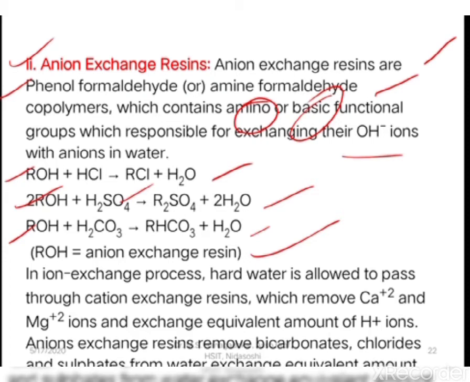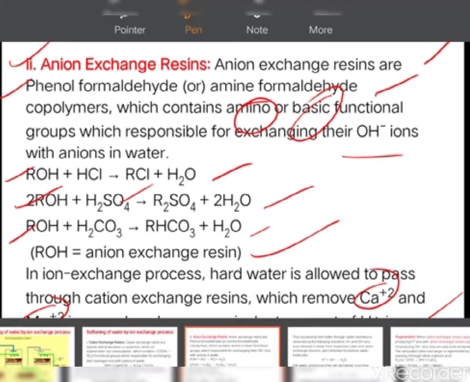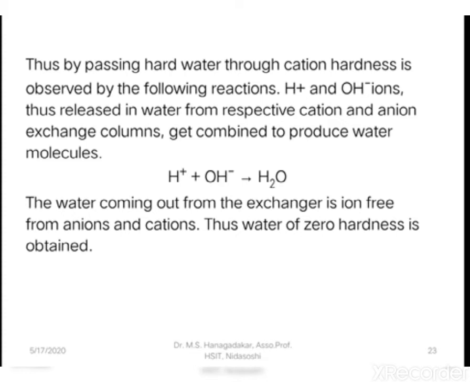So in the ionization process, what happens? Hard water is passed first through the cation exchange resin that removes calcium and magnesium ions. As a result, an equivalent amount of H plus ions is released. In the anion exchange resin, what happens? It removes the bicarbonates, chlorides, nitrates, sulfates, etc., by exchanging with the release of an equivalent amount of hydroxyl ions.